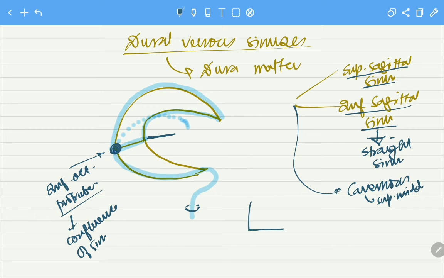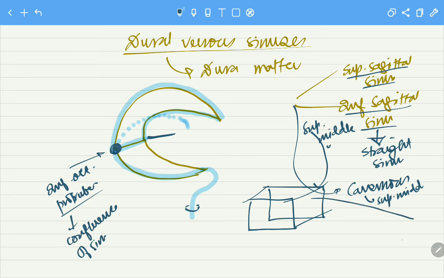So if this is the cavernous sinus, it is joined by the superficial middle cerebral vein. It is joined by the superior and inferior ophthalmic veins, and it is also joined by the sphenoparietal sinus.